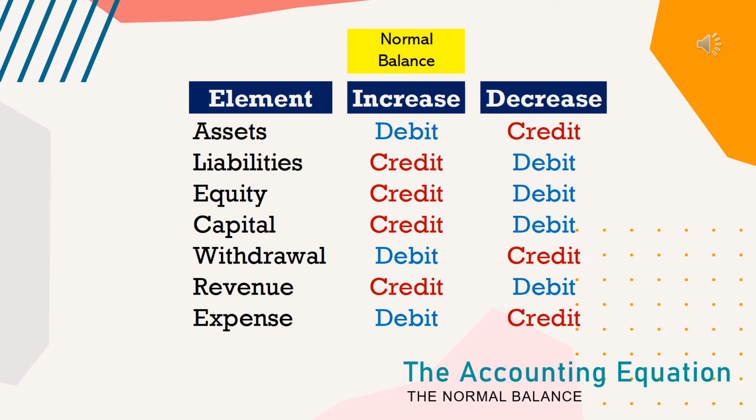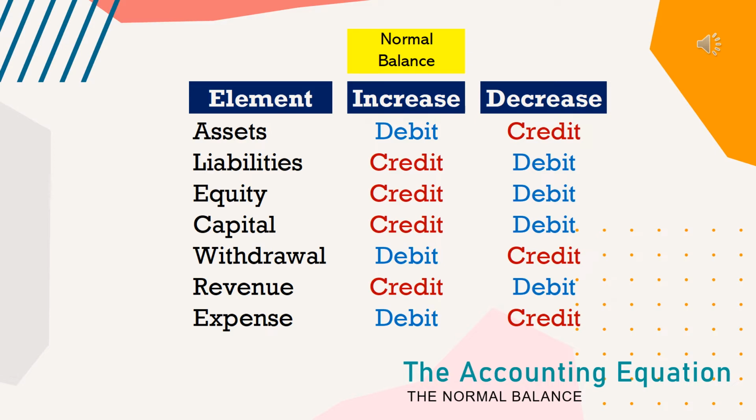They say that one key to good retention and recall is through learning by repetition. So let us recall. The normal balance of an element in the accounting equation is determined by which side its increases are recorded. In the matrix in the slide, we can see that increases in assets, withdrawal, and expense are recorded as debit, and therefore the normal balance of assets, withdrawal, and expense is debit.